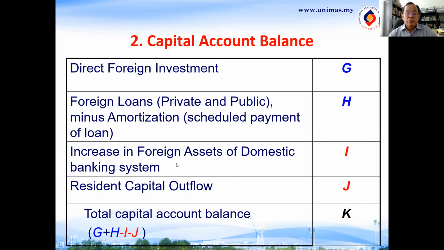Then the other component is the increase in the foreign assets of the domestic banking system, meaning that if there are more foreign banks in the country, I mean the ownership of the domestic banking system.